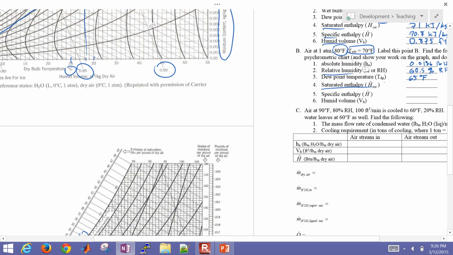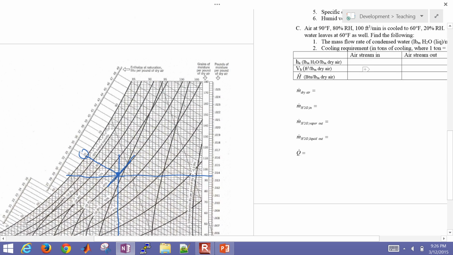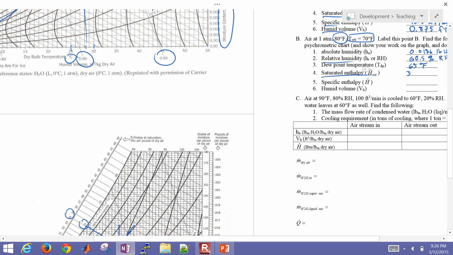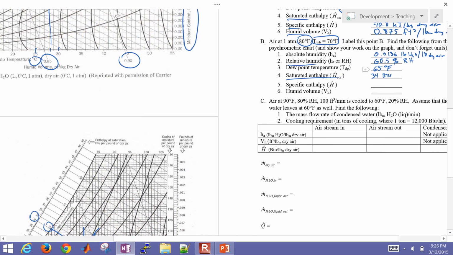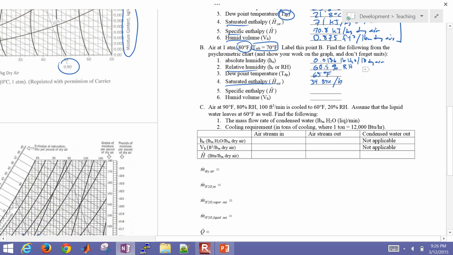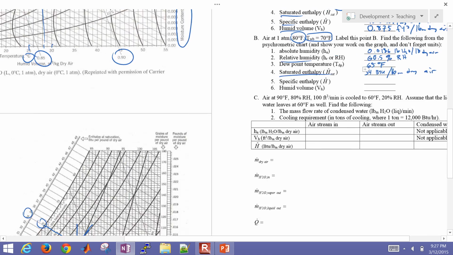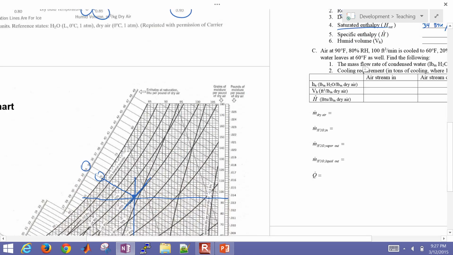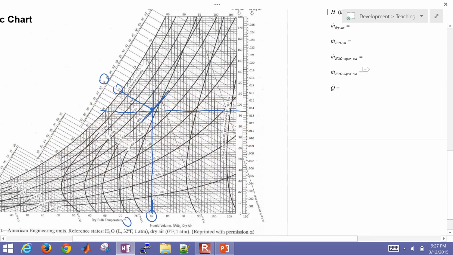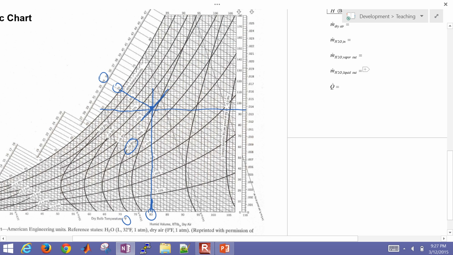We'll get the saturated enthalpy as well. Let's come up here. That's going to be about 34 BTU per pound mass dry air. Now specific enthalpy, we want that one as well. We've got to subtract this amount.